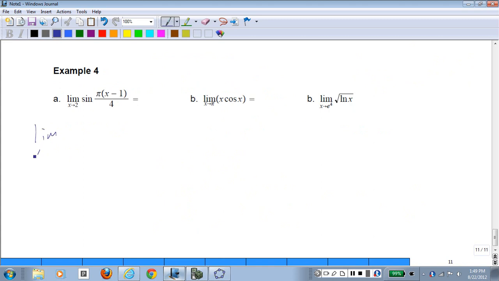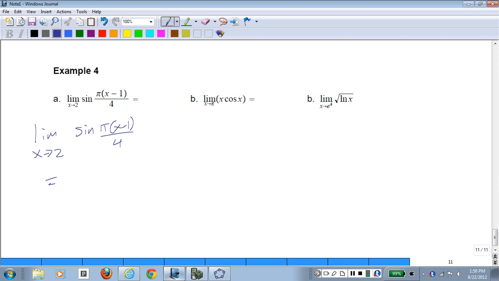The limit as x approaches 2 of the sine of pi times x minus 1 over 4 is going to be, well, we could look at this as a composition of functions. Basically we have a polynomial function, pi times x minus 1 over 4, and then we have the sine function that's composed with that.